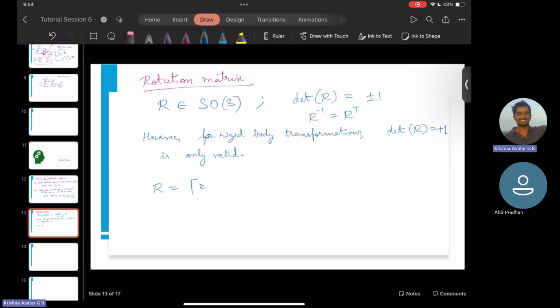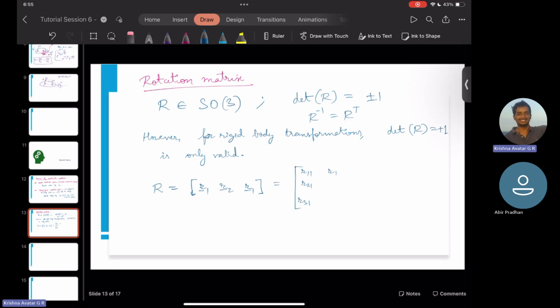Once this is done, now let's just understand what R is. So R is a collection of, say, 3 vectors, and these are all 3 column vectors placed one after the other along a row. And of course, its expansion would be R11, R21, R31. These are the components of the R1 vector.